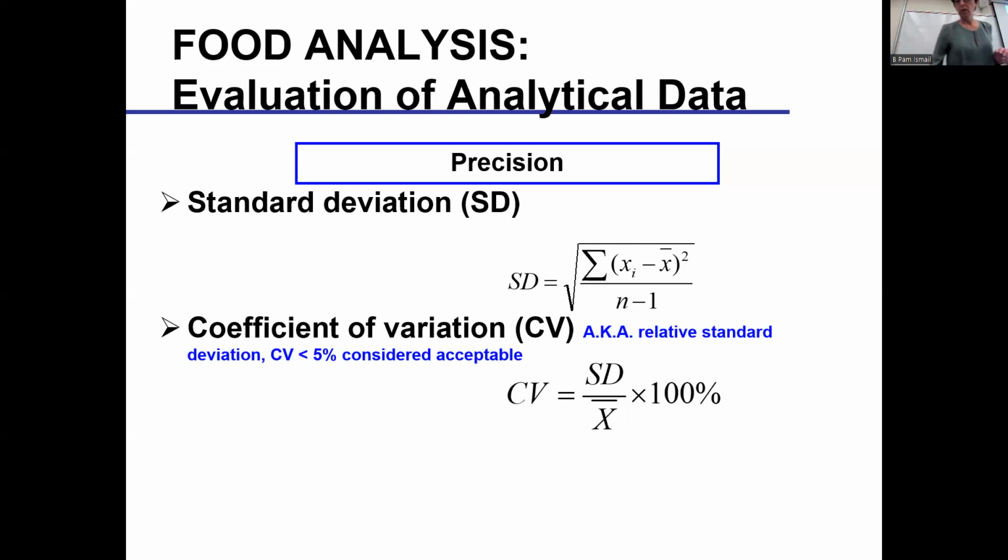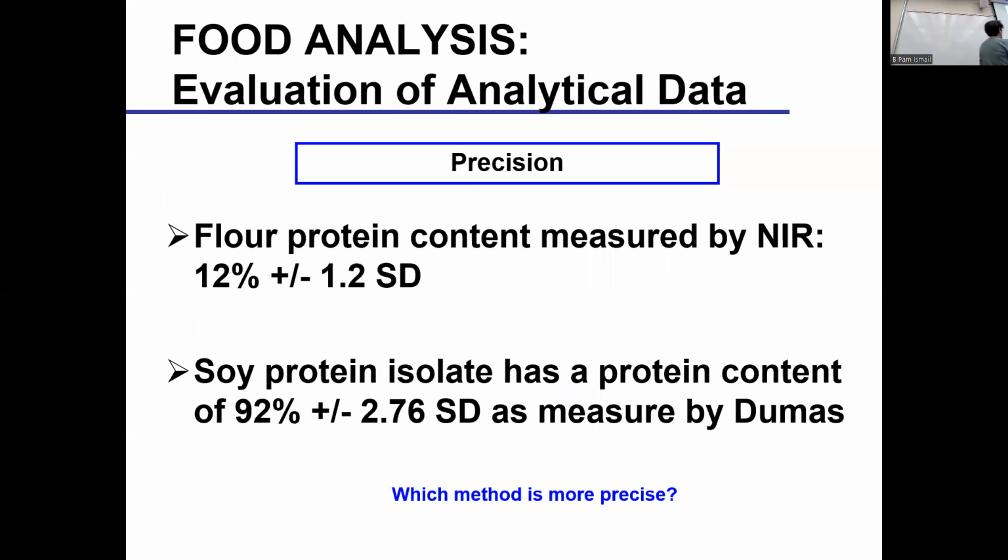In this particular case, it visually seems to trick you into thinking that this is more precise than this. But when I correct for the size of the mean, this has 3% coefficient of variation, less than 5%, excellent. This has 10%, which is okay, not that impressive.